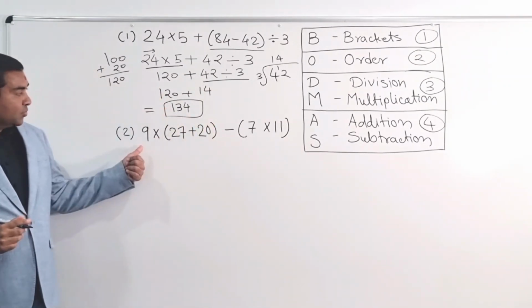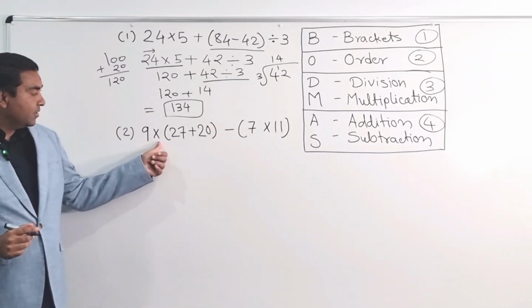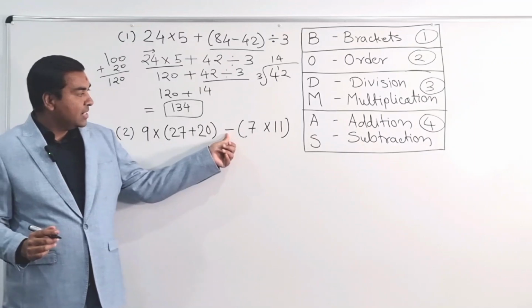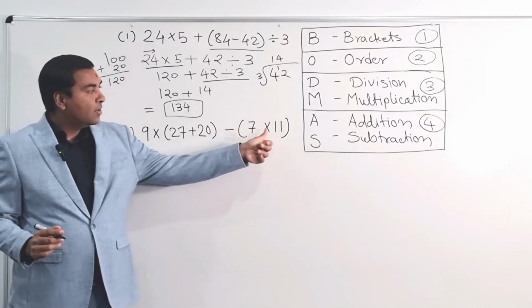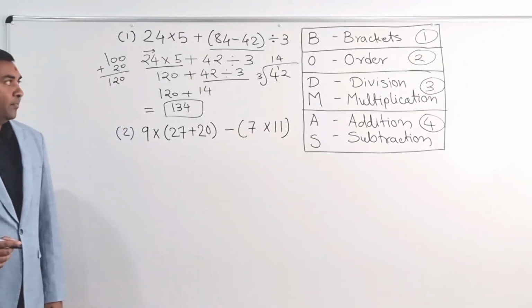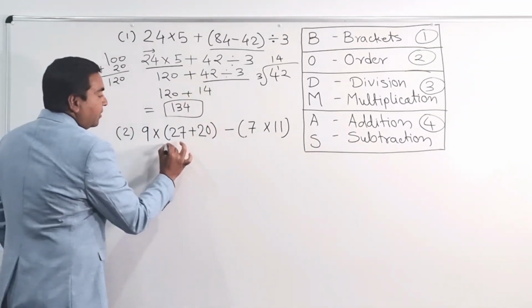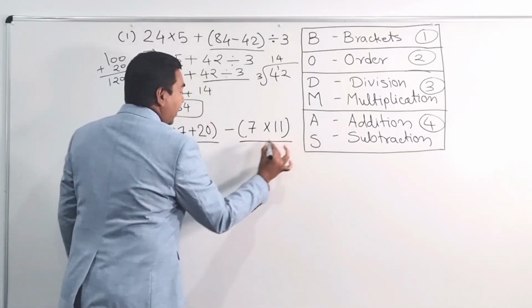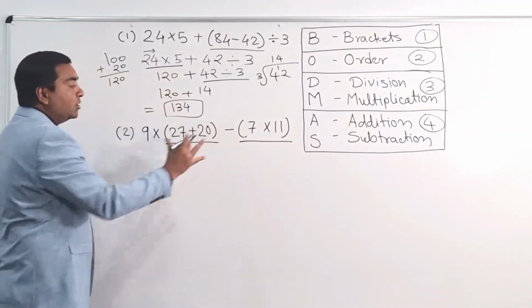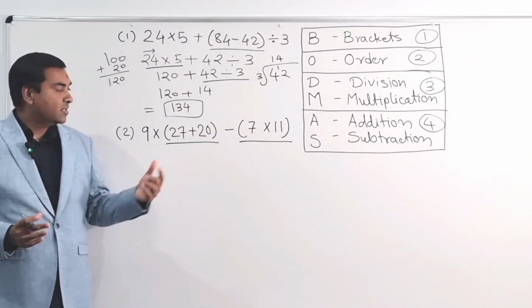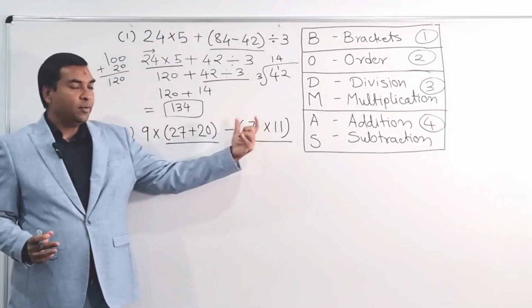Now in question number 2, 9 times bracket 27 plus 20 bracket complete minus another bracket 7 times 11 bracket complete. Now in my order of operation, my very first priority will be this bracket and that bracket. They both are brackets, so I can operate them simultaneously. Only this bracket and the other bracket.